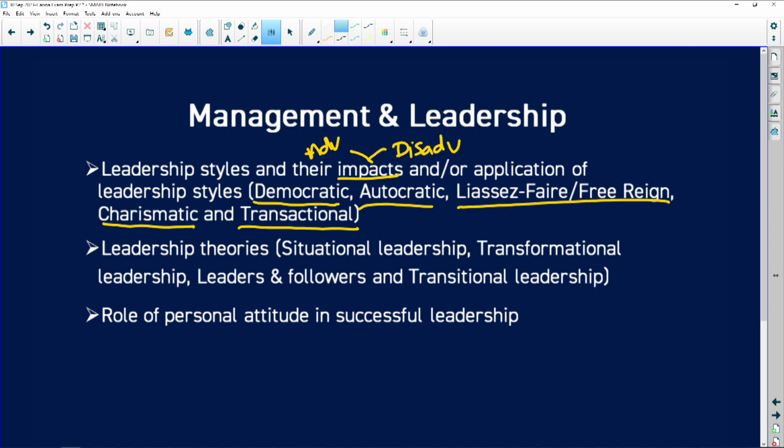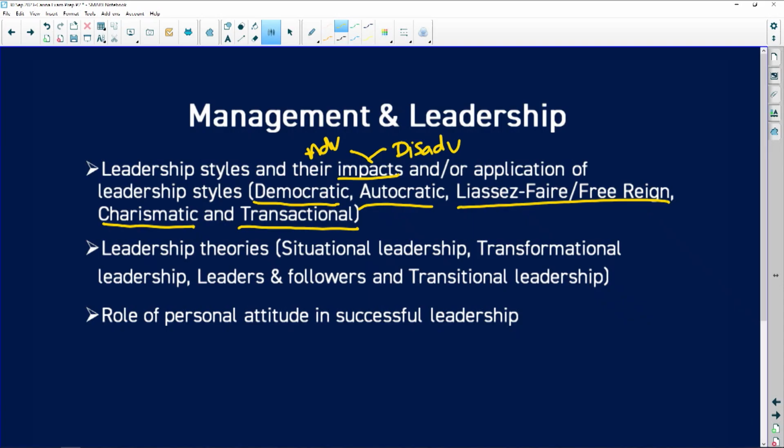They can either give it to you in a scenario where you have to identify what kind of leadership style this leader is employing, which is a little bit harder, or they can just give you a straight up question saying, explain the transformational leadership theory. But be aware of these theories, for they are very popular in the papers.